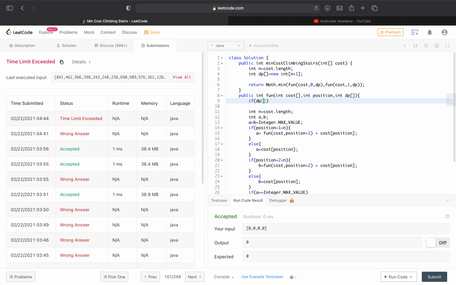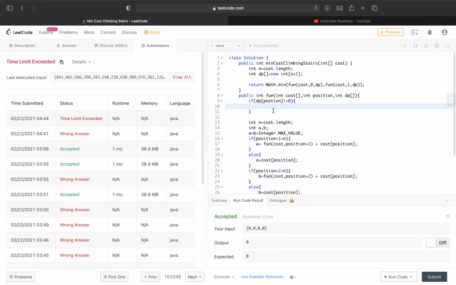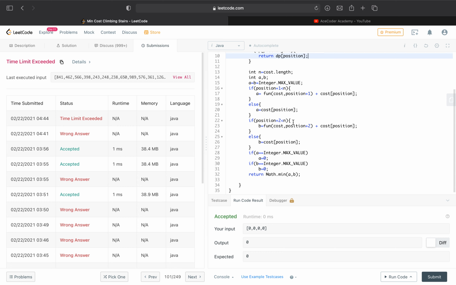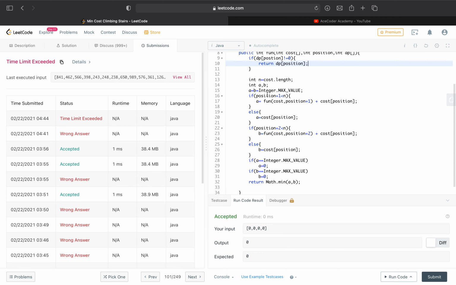If dp of a particular position has already been calculated, so it is not equal to 0, what we have to do is return the already computed answer for that particular position. So we have to make changes here too.